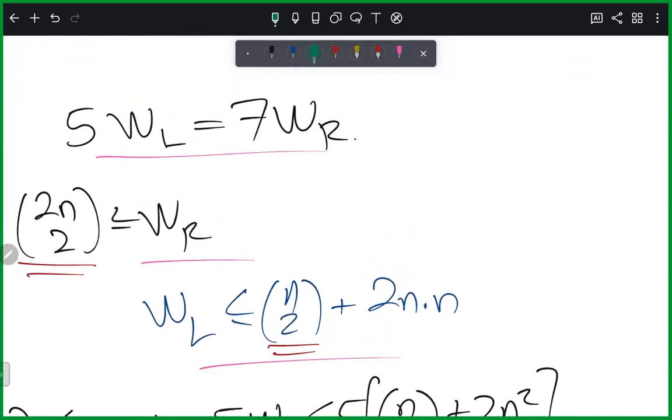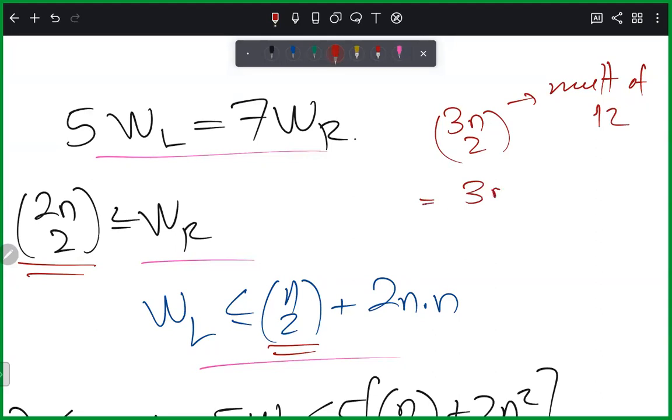Secondly, as we showed, 3n choose 2 should be a multiple of 12. On the other hand, 3n choose 2 equals 3n(3n minus 1) over 2. If this is a multiple of 12, then 3n(3n minus 1) has to be a multiple of 8.